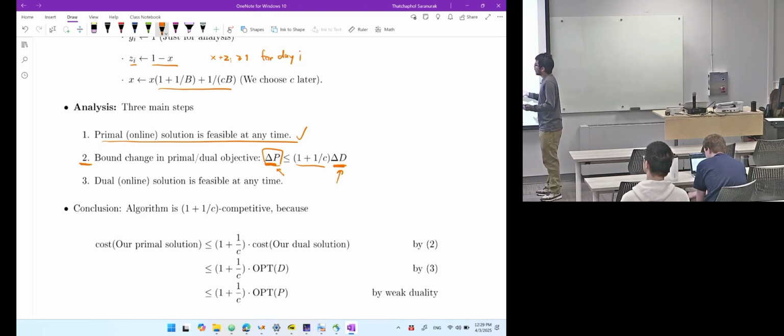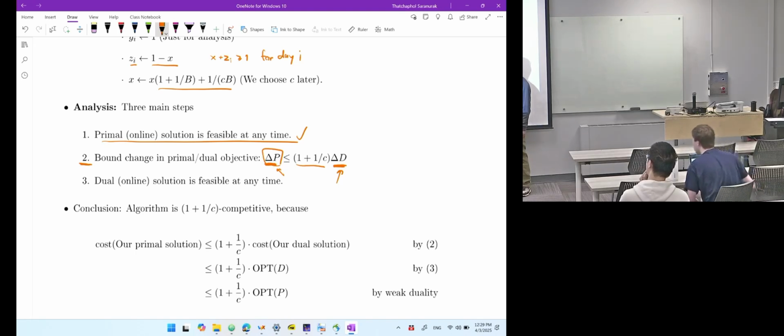The reason is that if on every day the primal cost is at most the dual cost times this much, then our primal solution at the end is at most the cost of the dual solution at the end times this much.